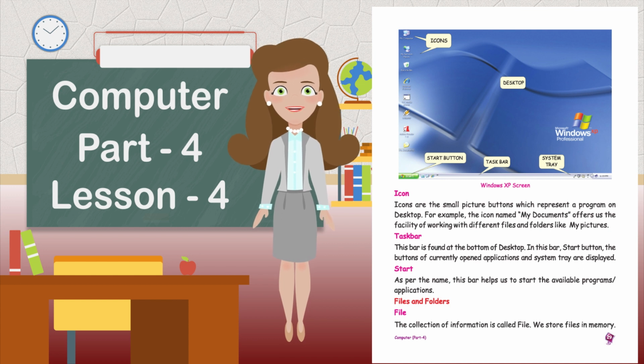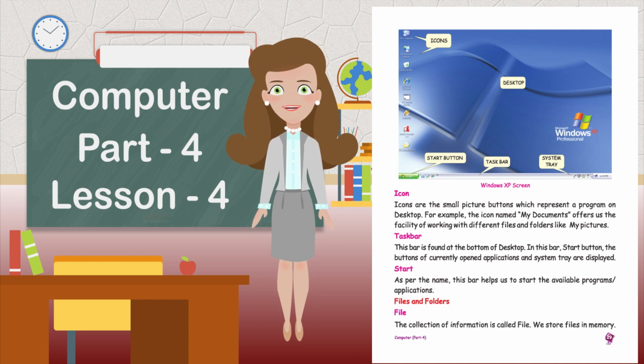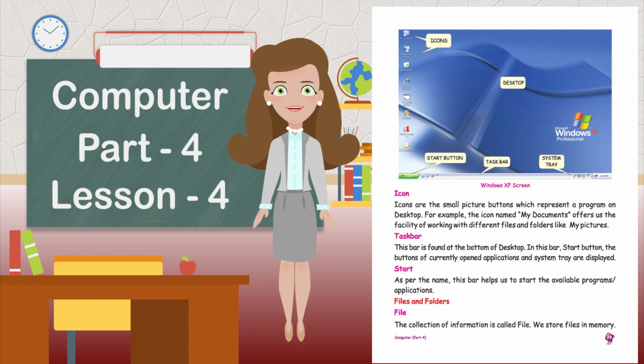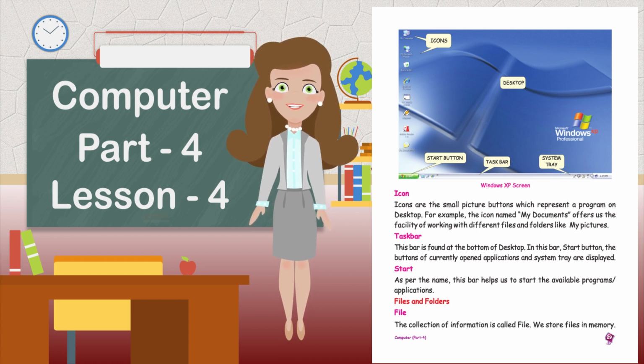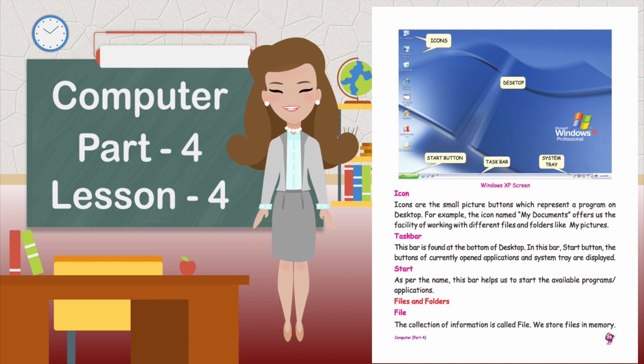Taskbar. This bar is found at the bottom of desktop. In this bar, Start button, the buttons of currently opened applications and system tray are displayed. Start. As per the name, this button helps us to start the available programs, applications.